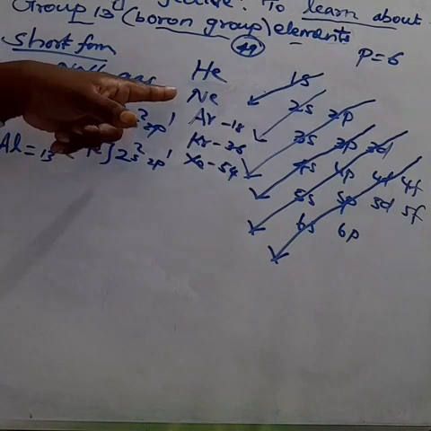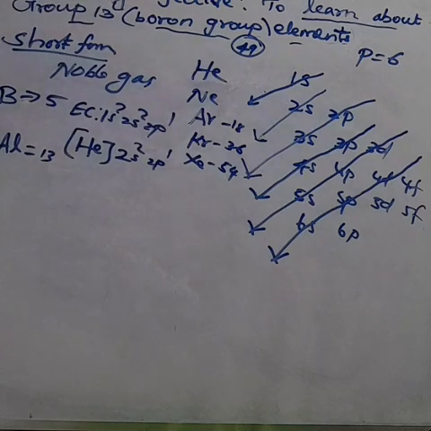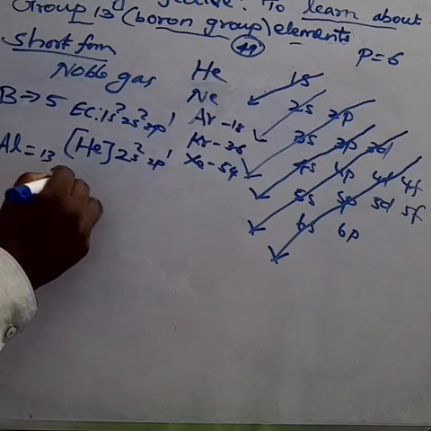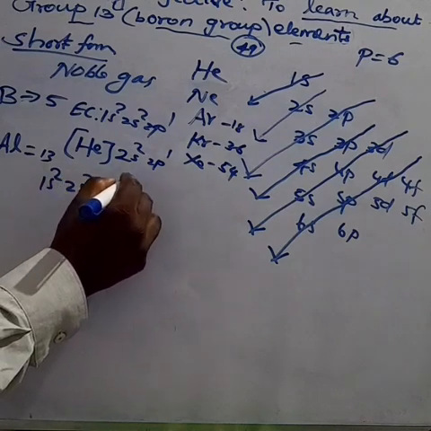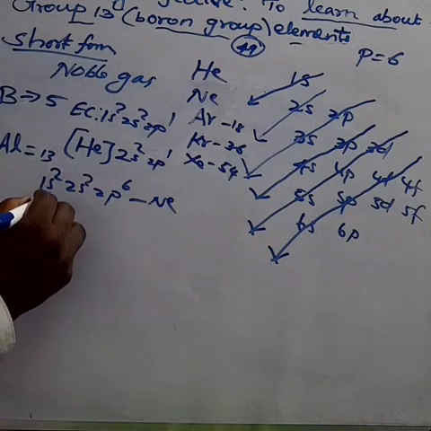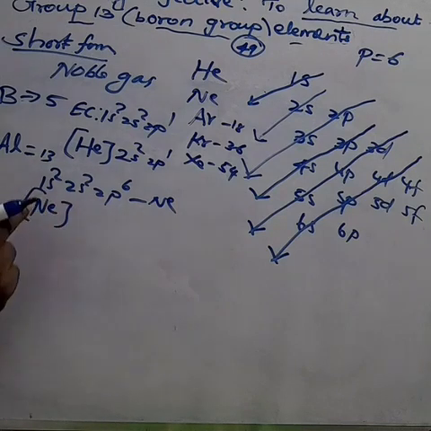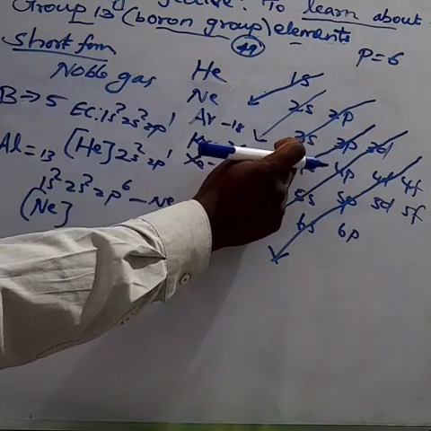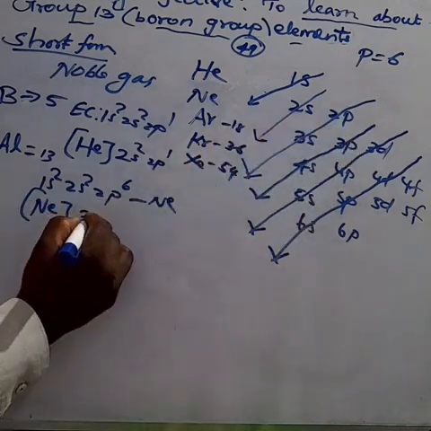Who is it? Neon. Am I right? What is the neon electronic configuration? 1s2, 2s2, 2p6. For this much I cut short and write neon. What is remaining for aluminium? After 2p6, we write 3s2, 3p1.